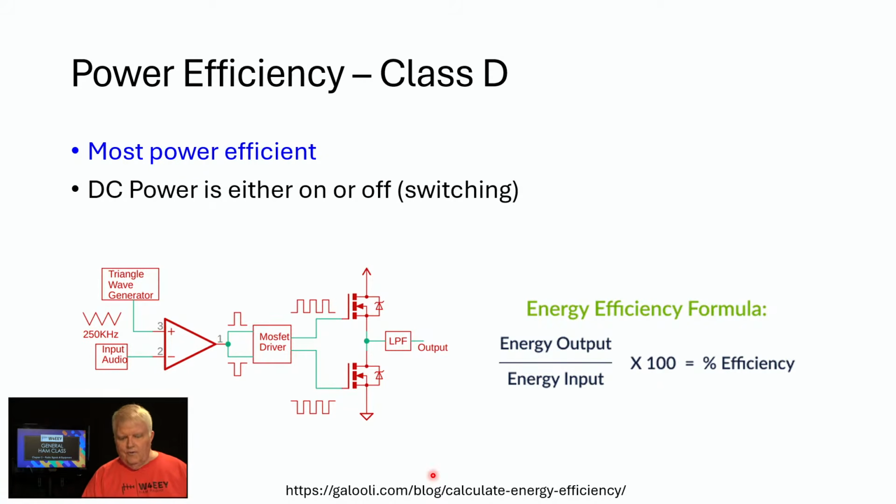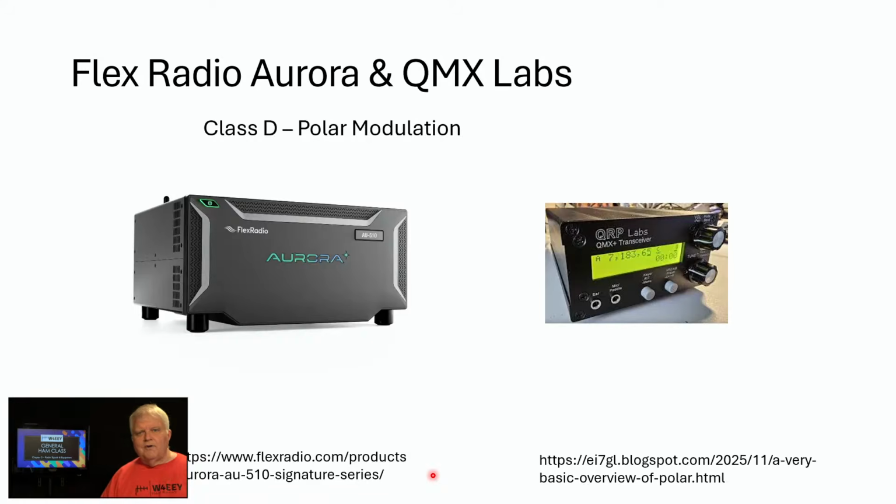New radios from Flex Radio, the same people that build the Maestro and the 6600, their new Aurora line of transmitters, and the radios from QMX Labs are using a new technique they call polar modulation. Both of these are Class D, very high efficiency on the output. In fact, the Aurora is said to be 90% power efficient.